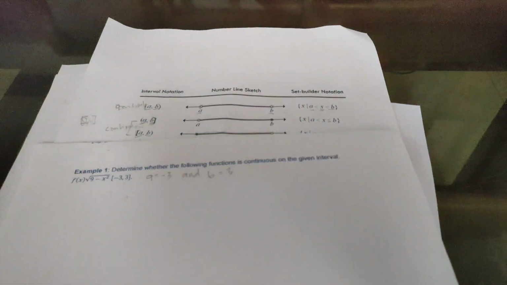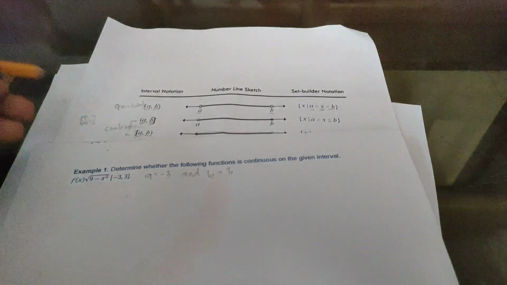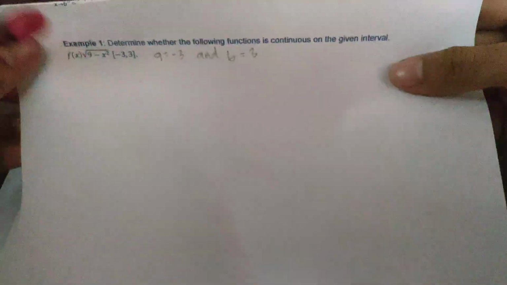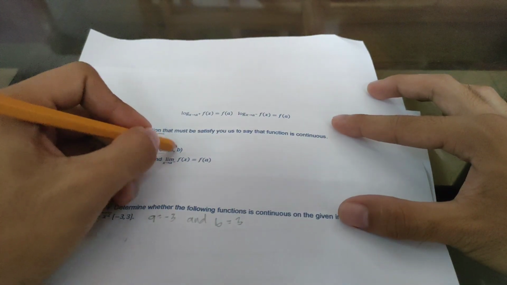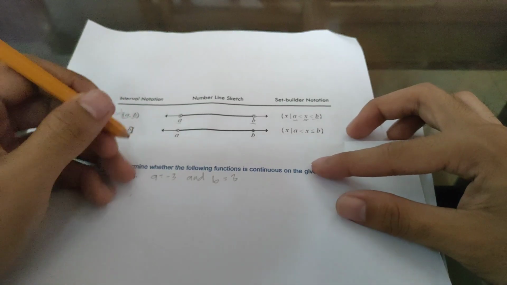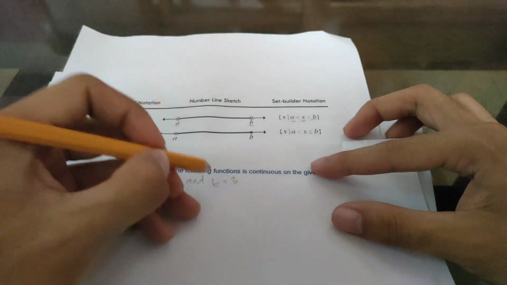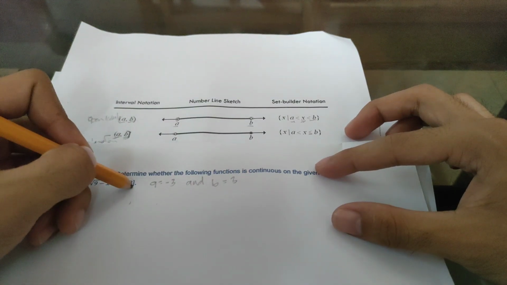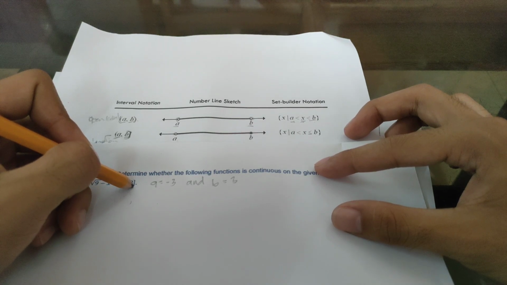Now let us solve it for our first condition, which is this one. Check if continuous on the open interval a, b. Since it is now open interval, the -3 and 3 are not included in the value of x.